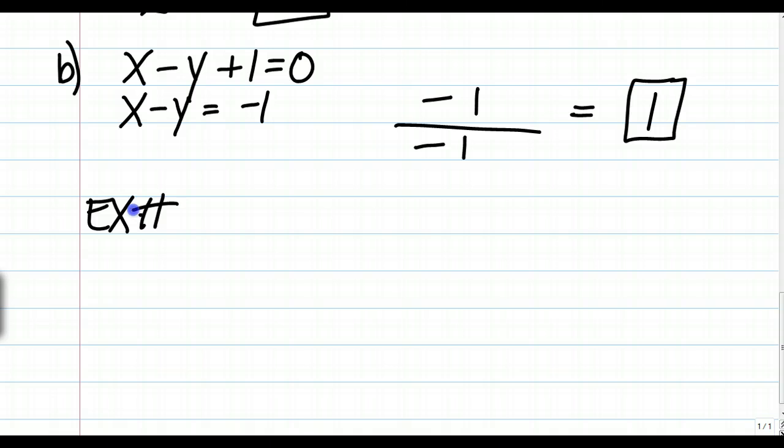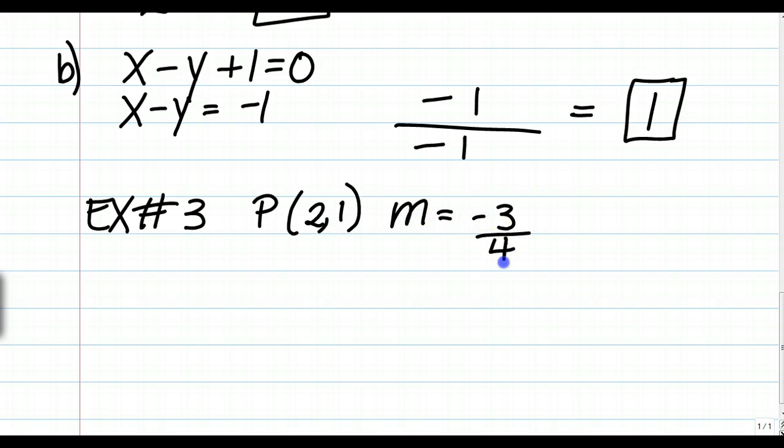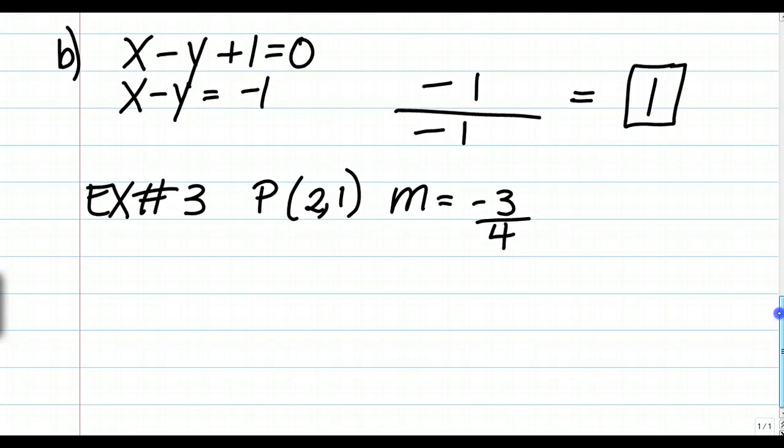Example number 3, I could give you a point and have the point 2, 1 and the slope of negative 3 over 4. And I could ask you to graph this.